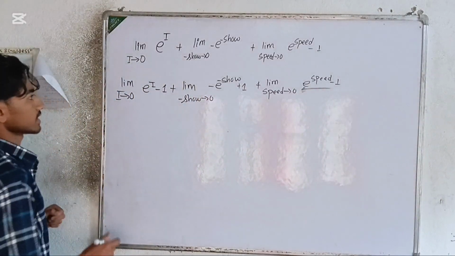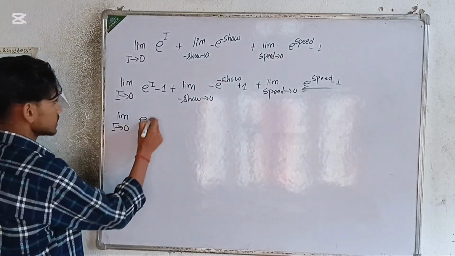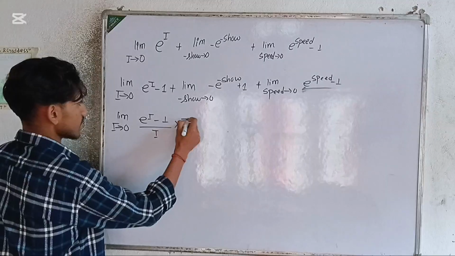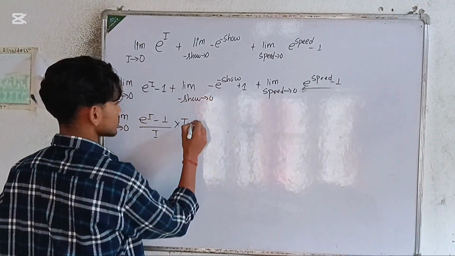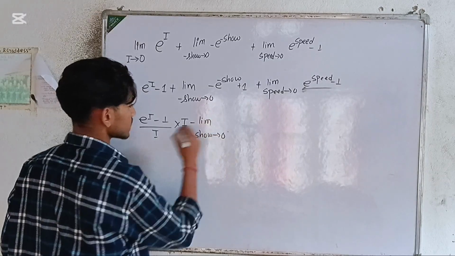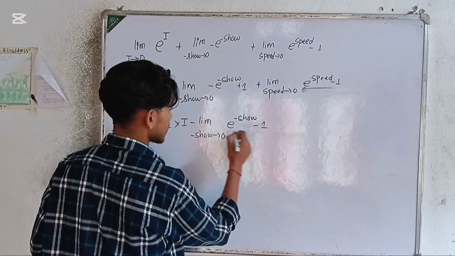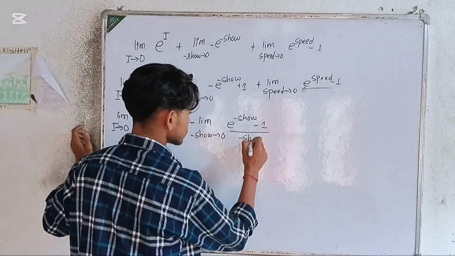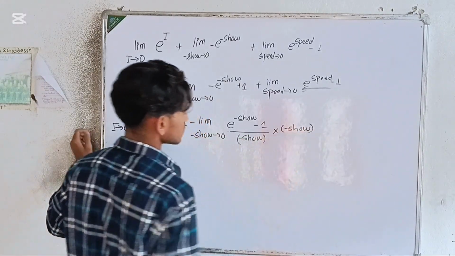So up to here nothing is very bad. From here we can write limit as i tends to 0 of e raised to i minus 1, and I'm going to write i into i, right? So this makes sense, and I'm going to take the negative common, so I get negative limit as so tends to 0 of e raised to negative so minus 1 over, since I had done i and i here, similarly I am going to do negative so into negative so here also.